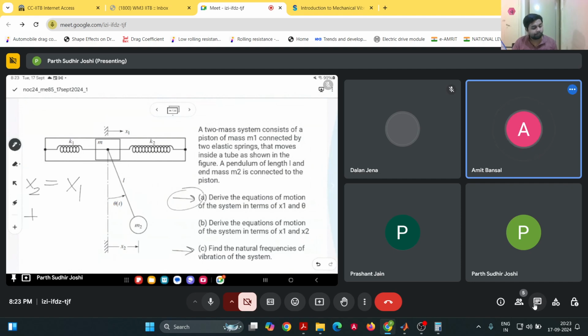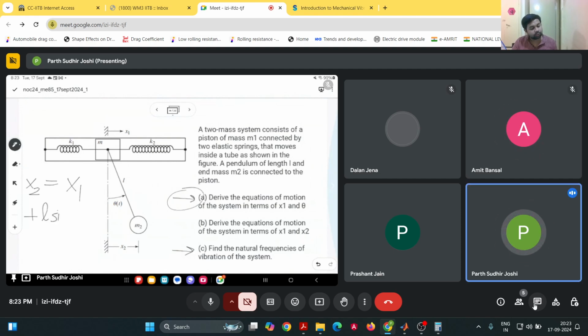L sin theta, right. So x2 is equal to x1 plus L sin theta. Correct. So if we derive the equation of motion in terms of x1 and theta, we can simply translate that same equation into x2 by using this substitution.